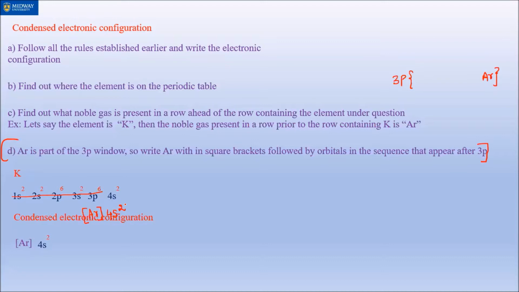Now, I'm going to go to the next screen, and I might only work out one example because the condensed electronic configuration is kind of summarizing your entire understanding of being able to write an electronic configuration. So I don't need to do 10 other things. Basically, rule D is essentially what makes a condensed electronic configuration, and I've explained it.